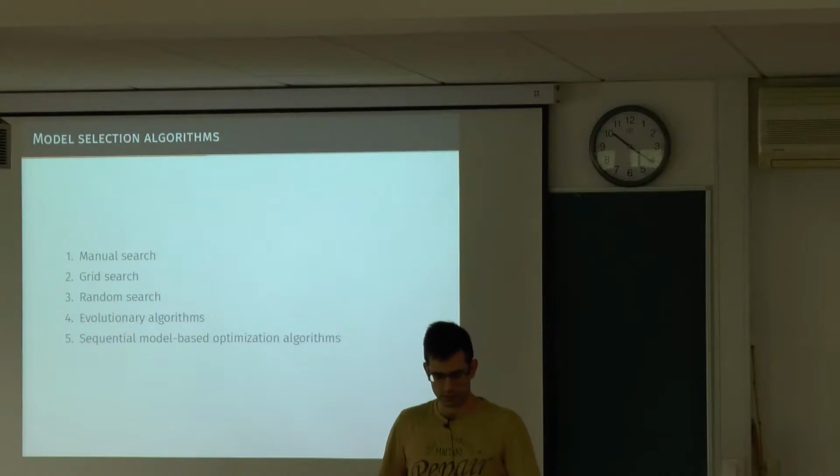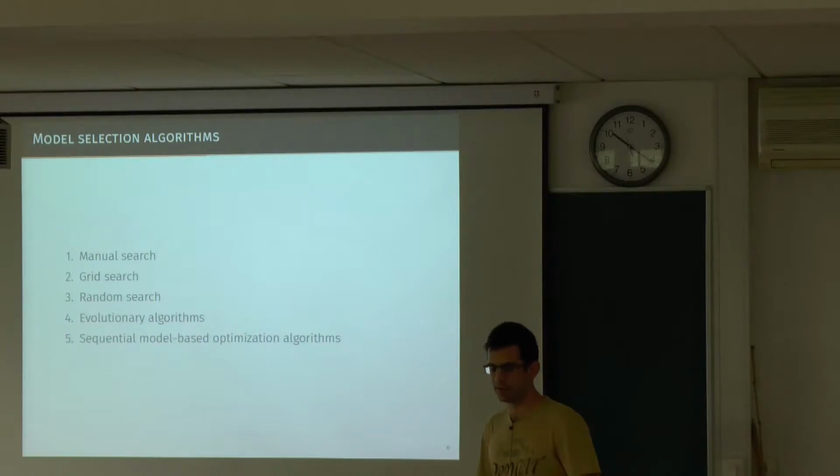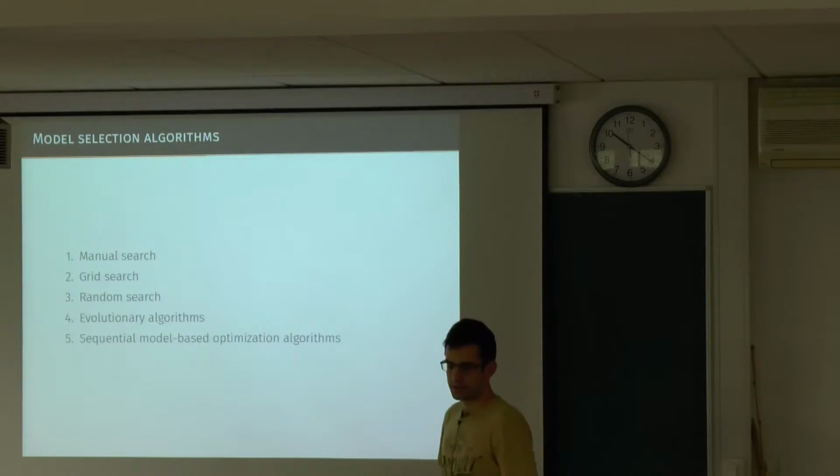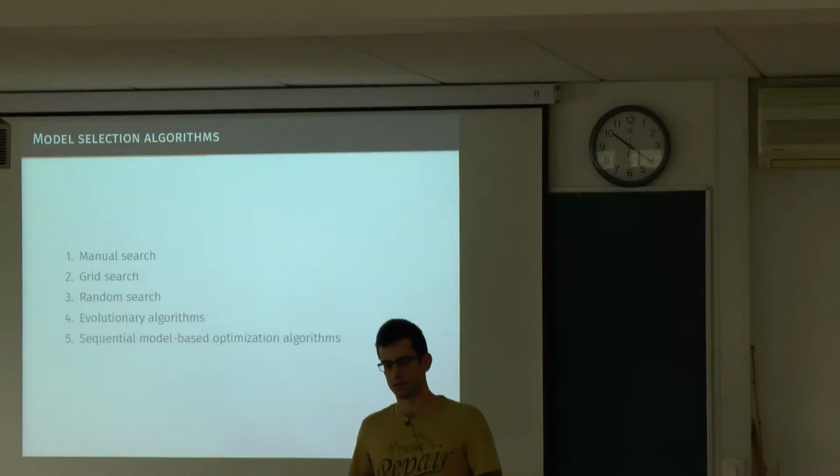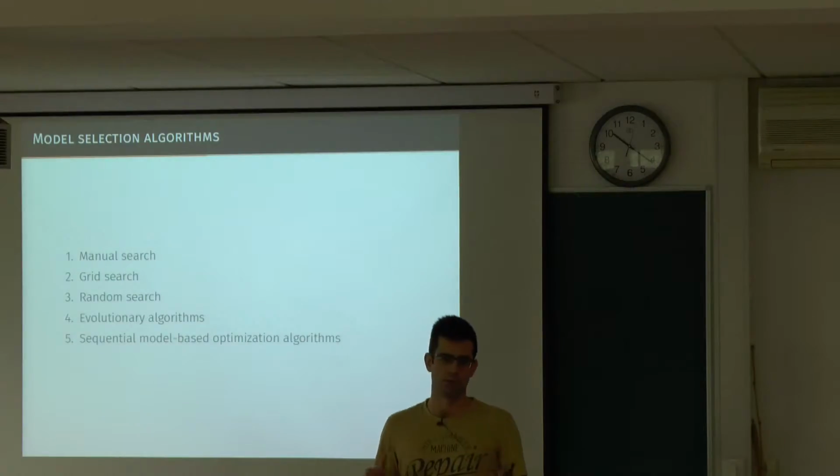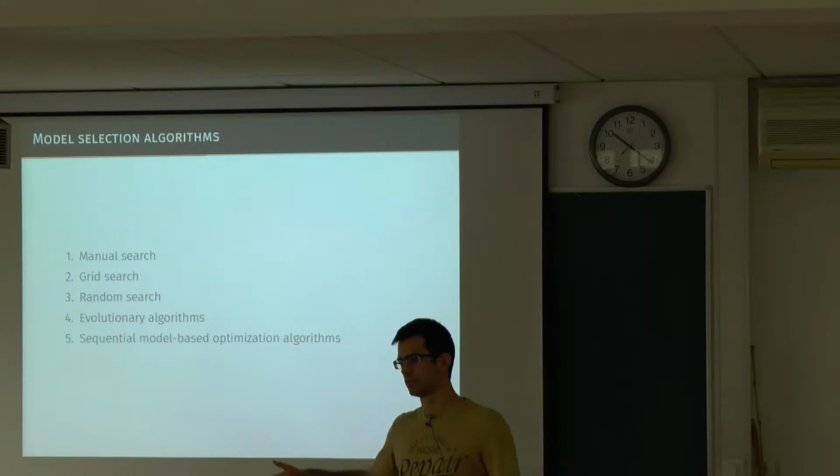And then the more novel algorithms are sequential model-based optimization algorithms that try to model the relationship between the algorithms and their parameters and the performance of the algorithms and their parameters. And why sequential?